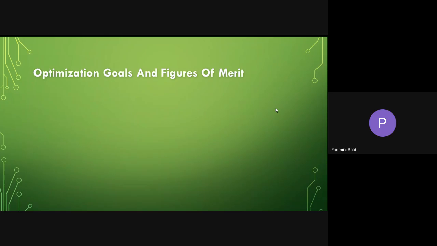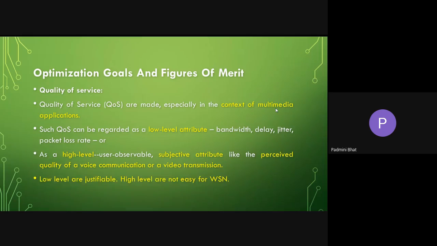Next is optimization goals and figures of merit. Now, optimization goals, I have used these words many times. Optimization is not maximizing. I repeat, it is not maximizing. It is almost like a trade off.